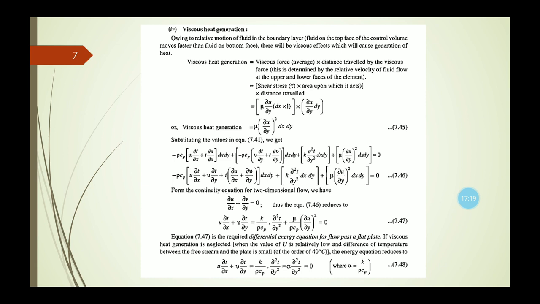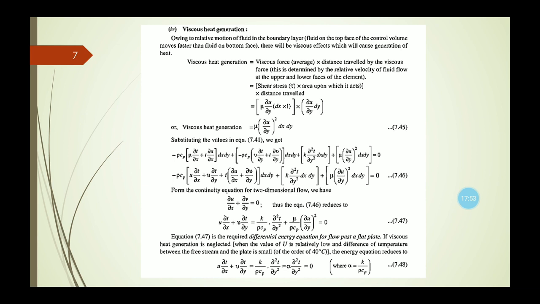Now if the viscous heat generation, that is the fourth term in the left hand side of the equation, is neglected, when the value of capital U is relatively low and the difference of temperature between the free stream and the plate is small, of the order of 40 degree, then the energy equation is reduced to u del T del x plus v del T del y equals k by rho cp multiplied by del 2T del y2.